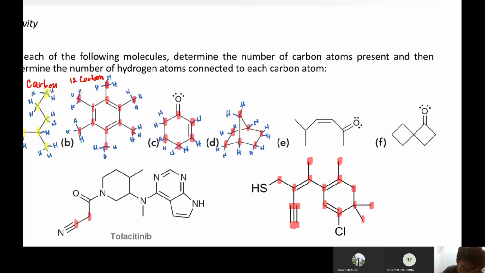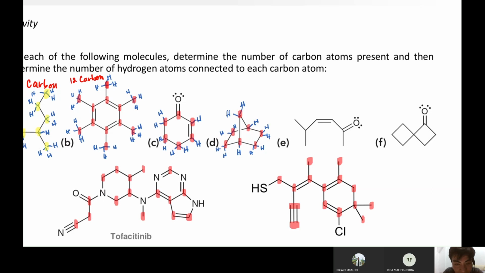Isa, dalawa, tatlo, apat, lima, anim, pito, walo, siyam, 10, 11, 12, 13, 14, 15, 16. Ayan. So, 16 carbons for tofacitinib.